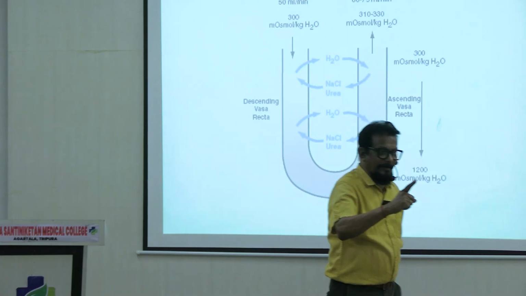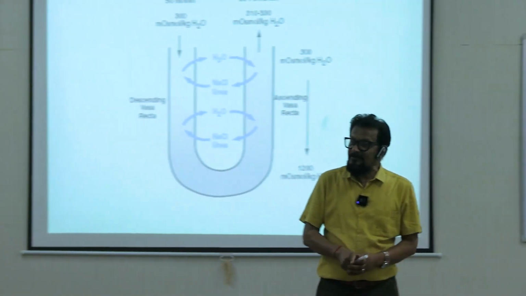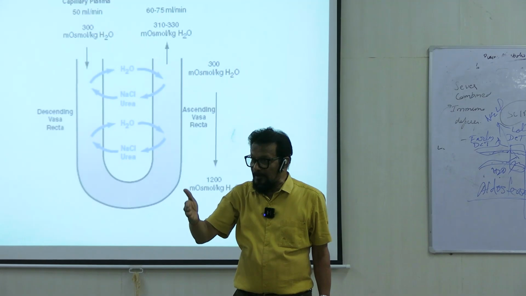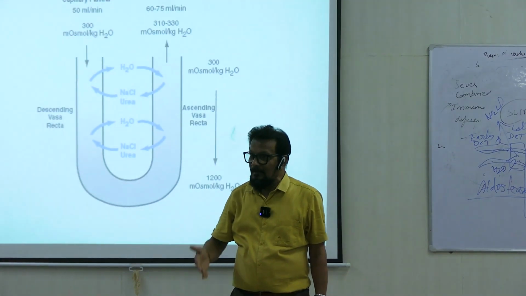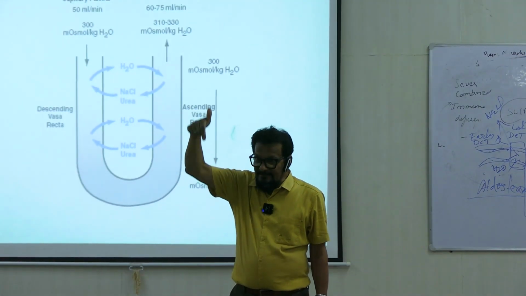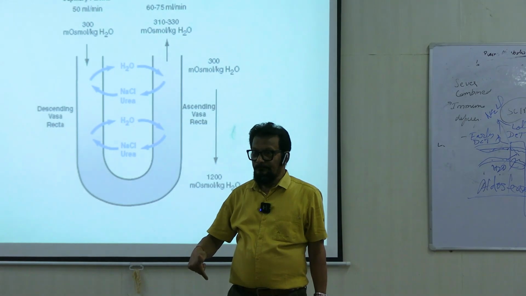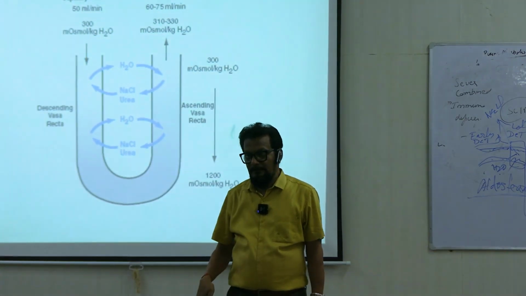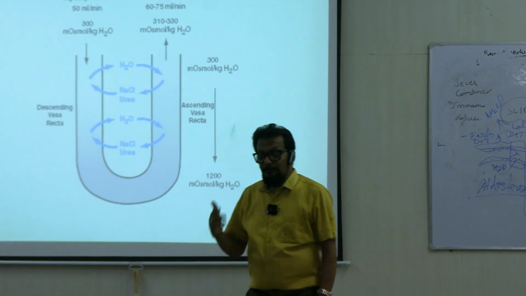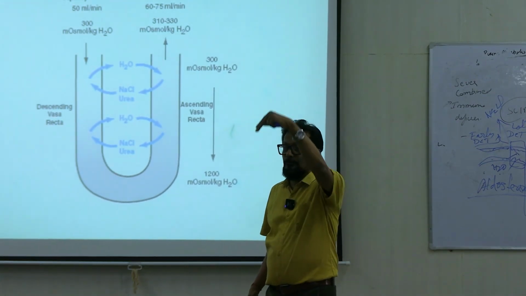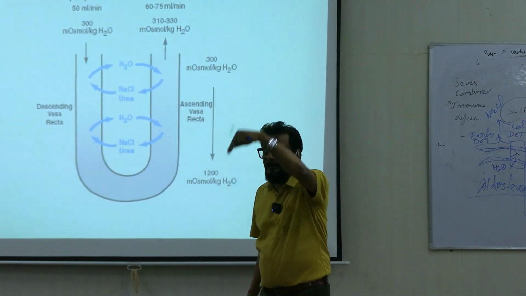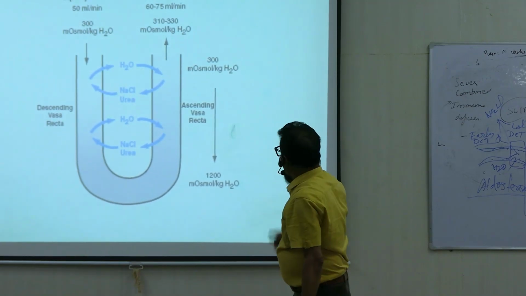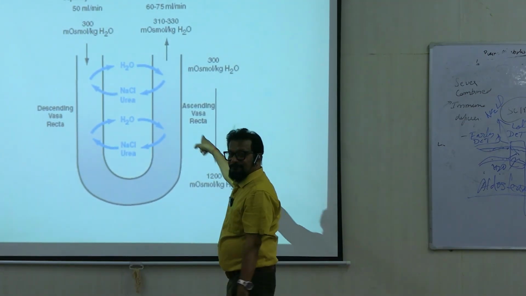So keep it in your mind. What is the function of the multiplier? To increase the osmolarity of the interstitium as the fluid goes down from the cortical region to the inner medulla. Its function is to make the interstitium gradually more hypertonic. And what is the function of the exchanger?